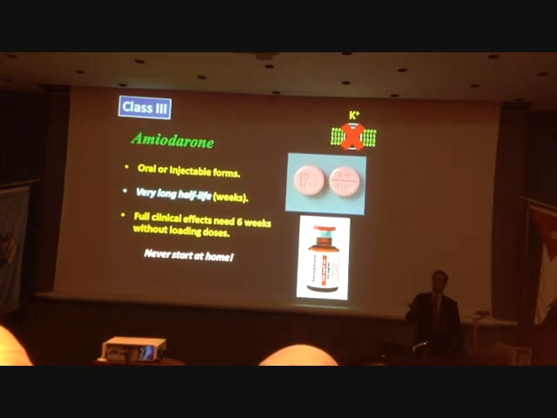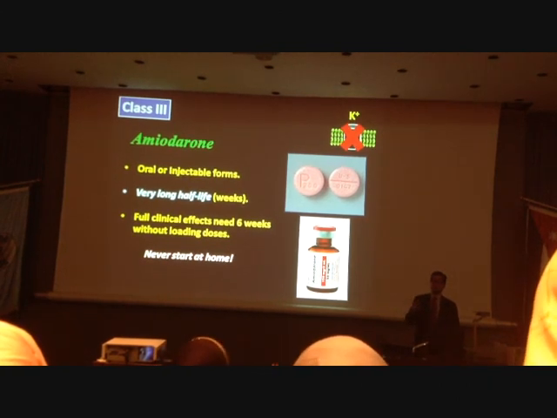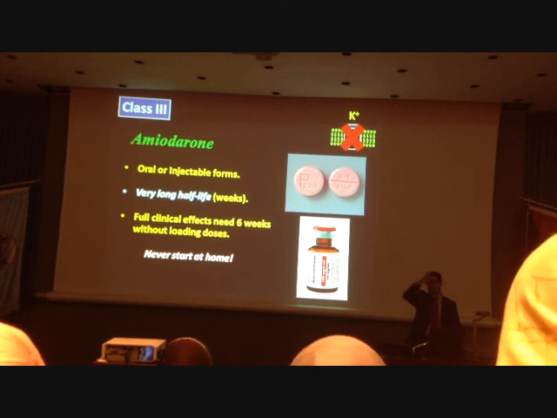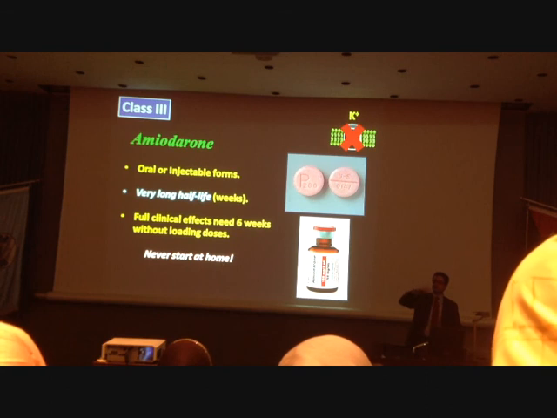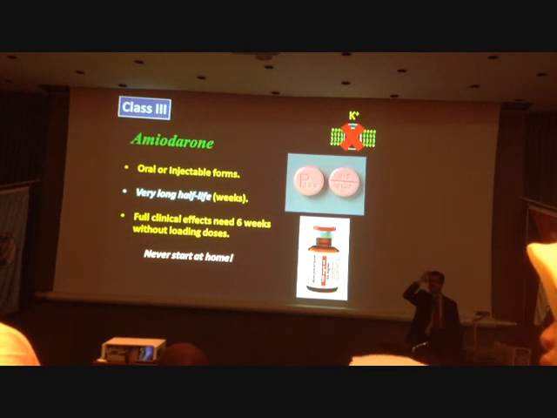Now, could you understand why? Give me just one reason. Why does that happen? Why do we need to wait for 6 weeks to get a clinical effect? Because the receptors in the heart will just fight the drug.